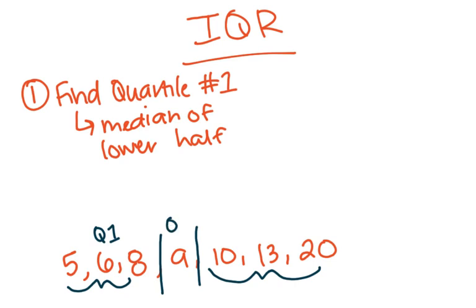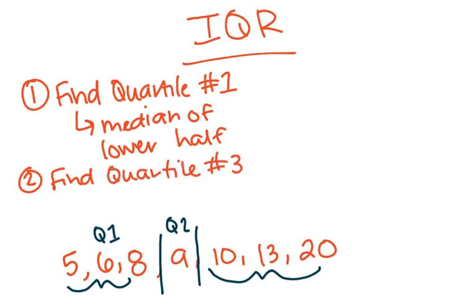Now, quartile 2 is always going to be your median. And then, in order to keep finding the interquartile range, you will need to find quartile 3, which you probably have already assumed is the median of the upper half.